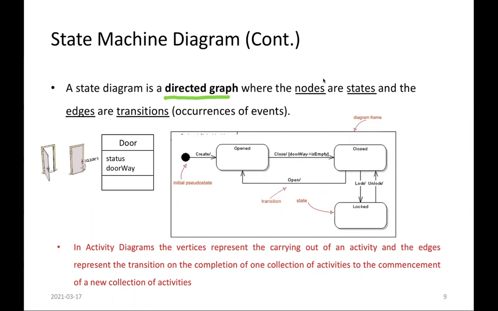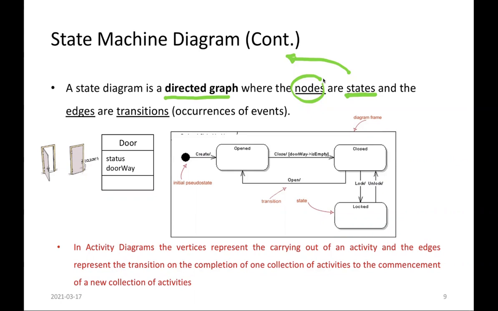In a directed graph, normally we use the notion of nodes, but when it comes to state machine diagrams, we replace nodes with states. And in graphs, we use nodes to represent entities, and we use edges to represent the movement between those nodes.